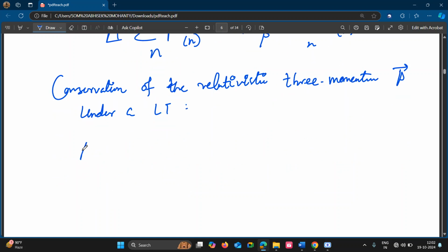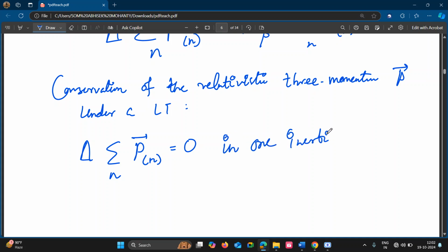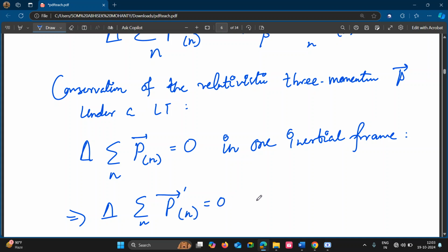It means that this thing should be zero in one inertial frame, and that will imply that the other thing should also be zero. That is the meaning of conservation in all other inertial frames.